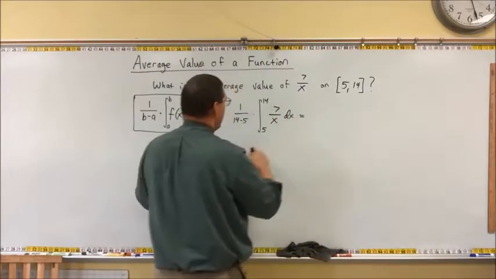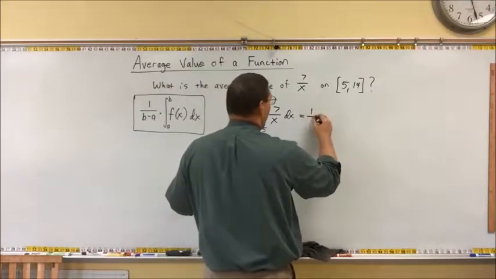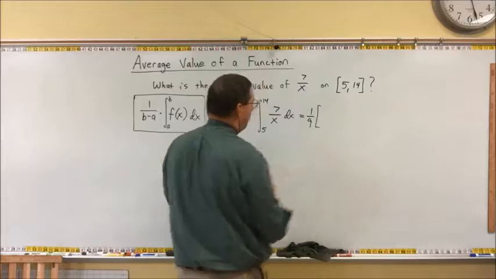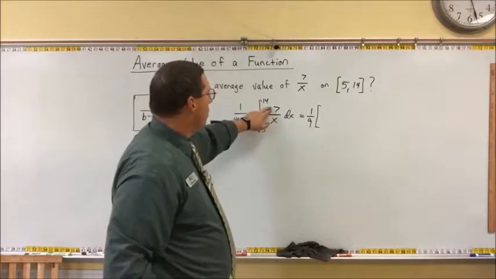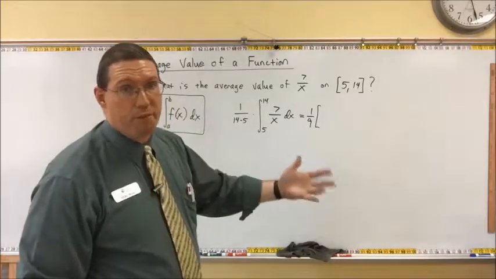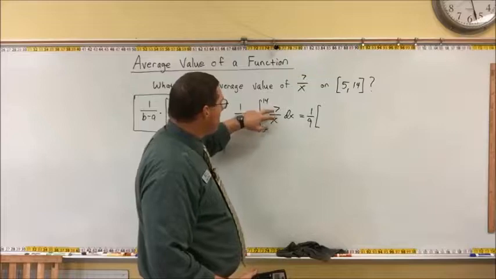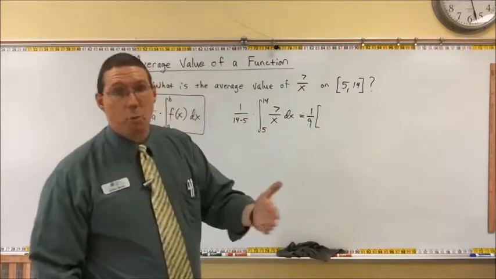Okay, so this is going to be 14 minus 5, that's 9, so this is 1/9. And we'll do our bracket. Antiderivative of 1 over x is the natural log of the absolute value of x, right? And we have, this is 7 over x, so that's 7 times 1 over x.